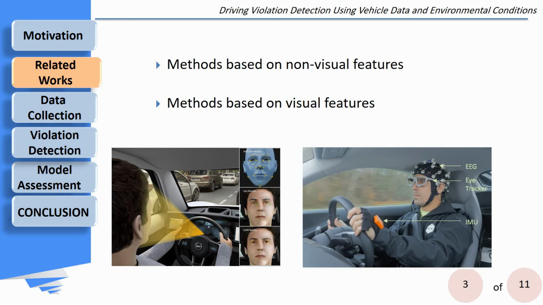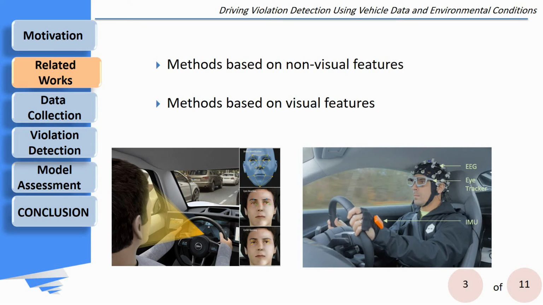The first one is based on non-visualized signals of a vehicle, such as acceleration, speed, frequency of use of brake, or some signals from drivers such as ECG or PPG.